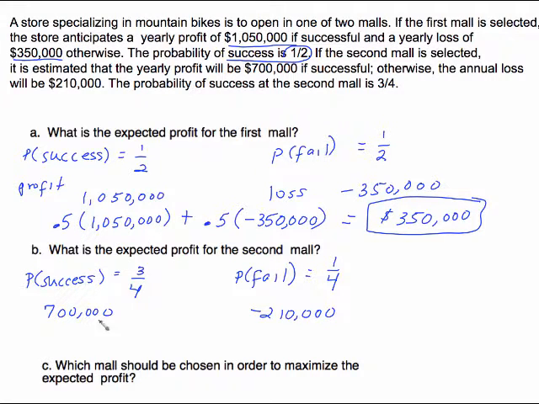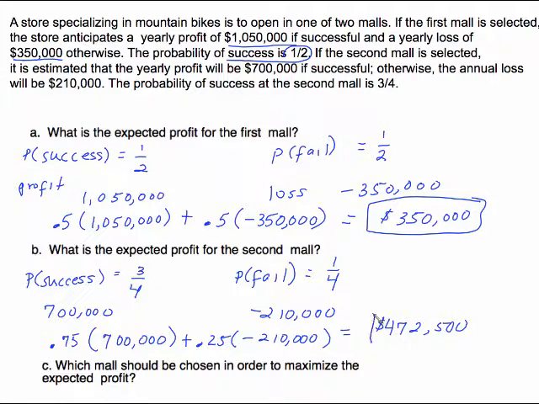So doing the same arithmetic I did up here, I've changed it to a decimal to make it easier to use on the calculator. So 0.75 times 700,000 plus 0.25 times negative 210,000. Remember, it's negative because it's a loss, because it has failed. And this will give me 472,500 is the expected value for that mall.